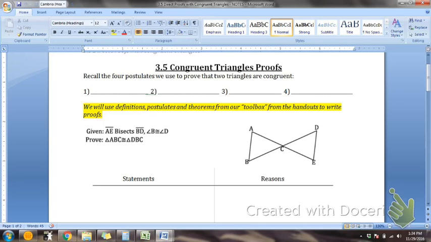So number 1 through 4, it says, recall the 4 postulates that we use to prove that 2 triangles are congruent. So we just reviewed this, right? We have 4 ways that we prove that triangles are congruent. Brianna, what's the first way? Side angle side is one of them. Belinda, what's another way?